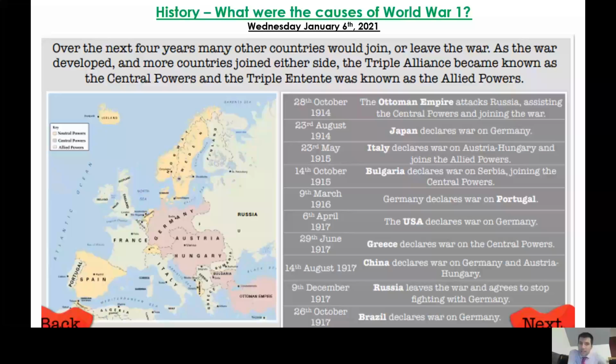You can see in 1914, Japan and the Ottoman Empire joined. In 1915, Italy and Bulgaria. Portugal came in 1916, the USA and Greece in 1917, and Brazil and China as well. So all over the world, this was attack, and this development of the war happened.